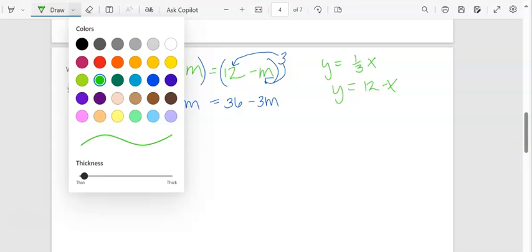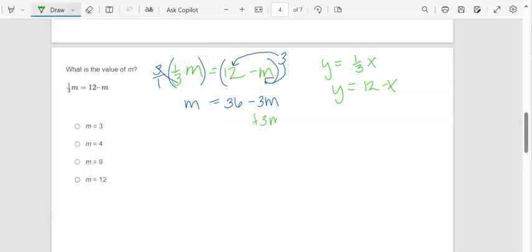So then I need to get the 3m to the other side. It's a minus, so I'm going to add, because you have to do the opposite. This is going to cancel. It's like having a 1 here, so the 3 plus the 1 is 4m, and then I have 36.